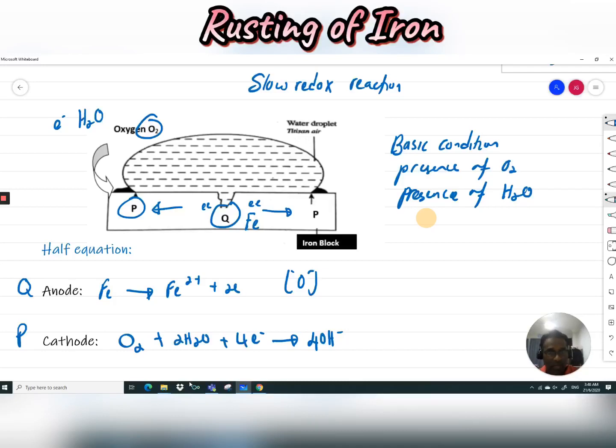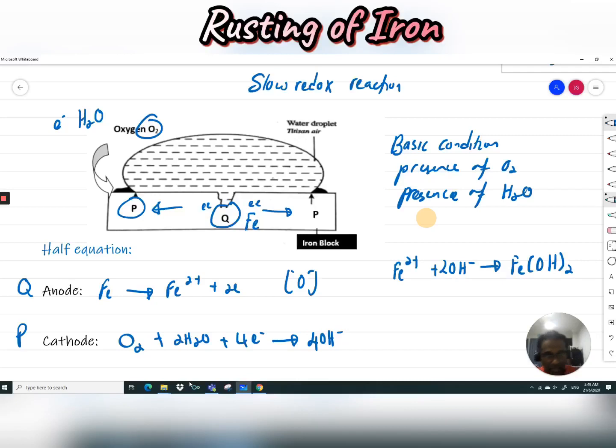And this iron 2 ion and hydroxide ion will fuse together and form iron 2 hydroxide. Ionic equation: iron 2 ion fuses together with 2 hydroxide ions and forms iron 2 hydroxide. A green color precipitate will form.